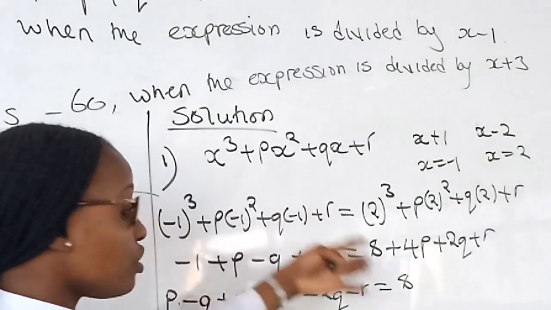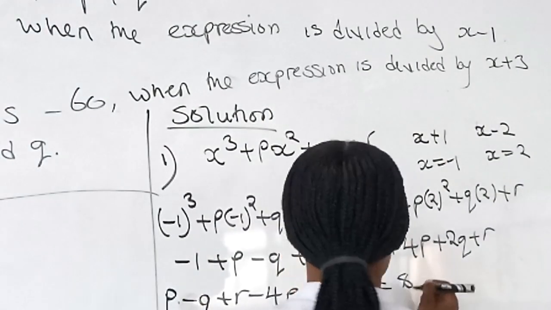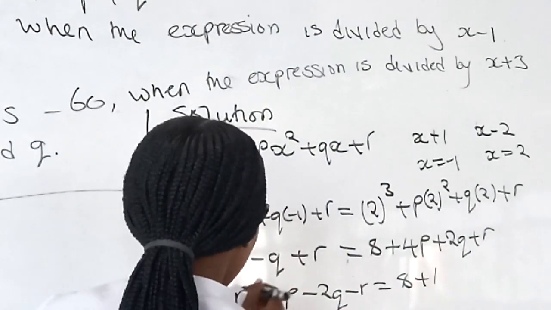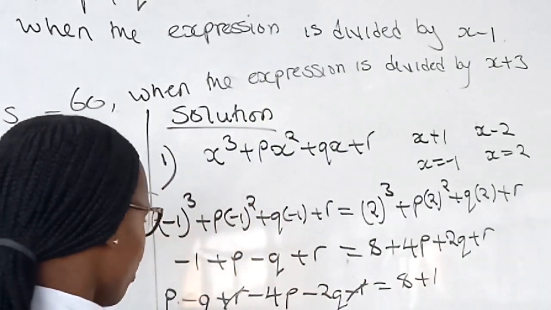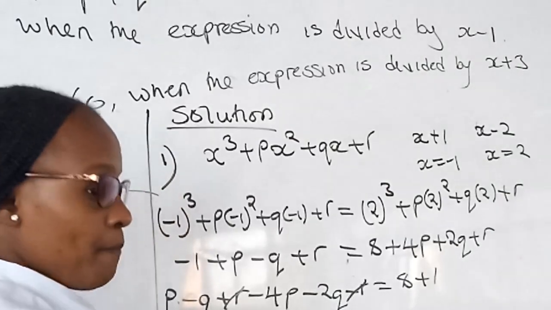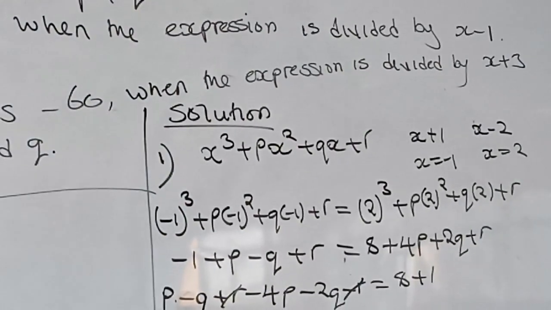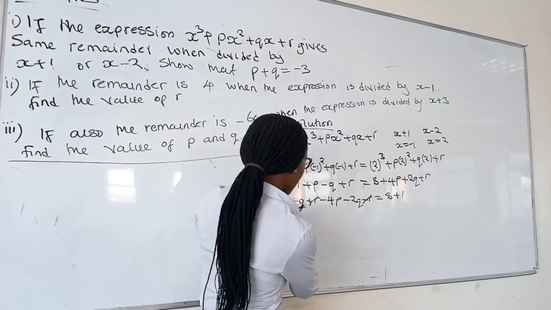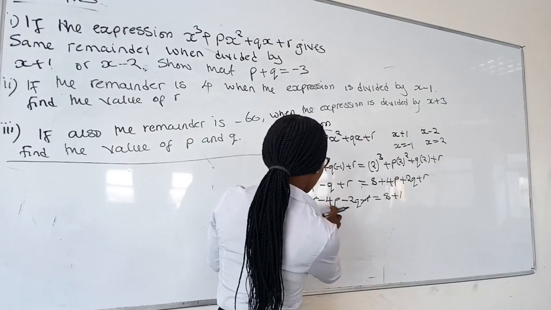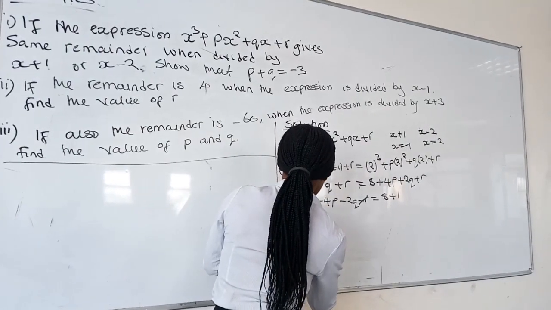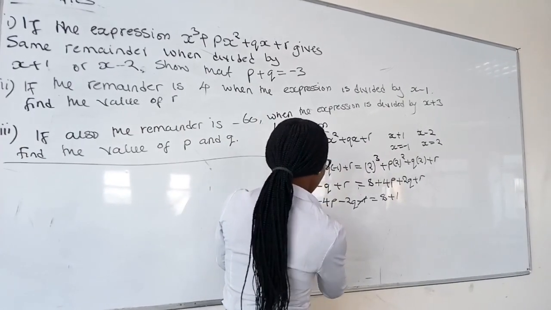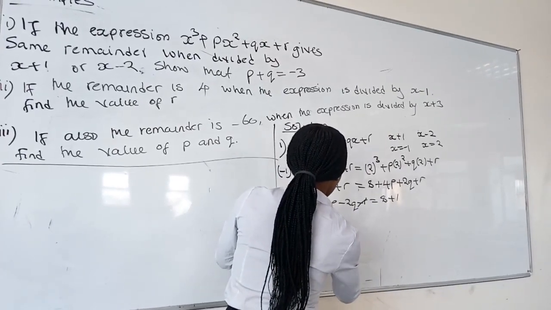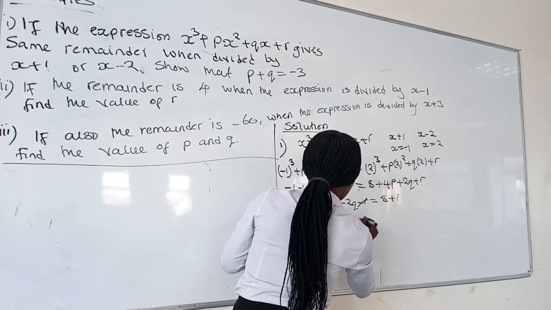Now the negative 1, when it goes to the other side, is now going to be plus 1. So looking at this, we have r and minus r, which gives us 0. Then we have p minus 4p, so this gives us minus 3p. Then negative q minus 2q also gives us minus 3q, being equal to 9.